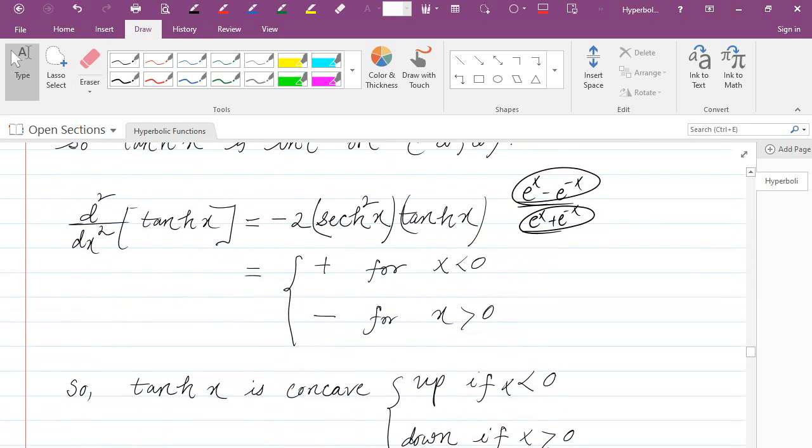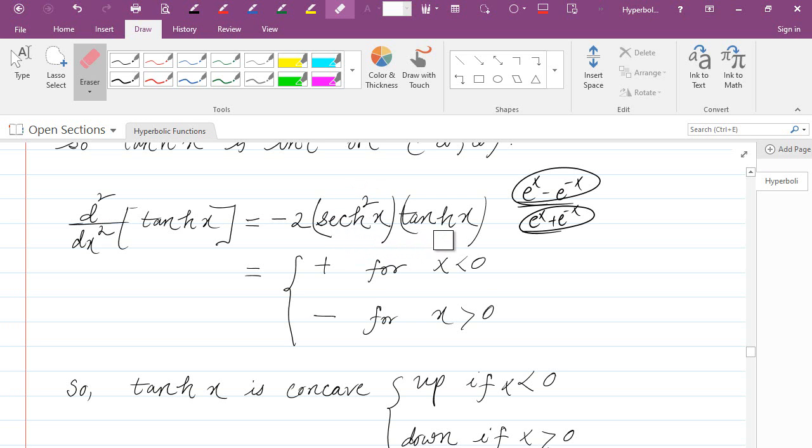Notice that this second derivative is clearly positive when x is negative, and it's negative when x is positive. Why? Because the hyperbolic secant squared, we know that that's just positive because of the square.